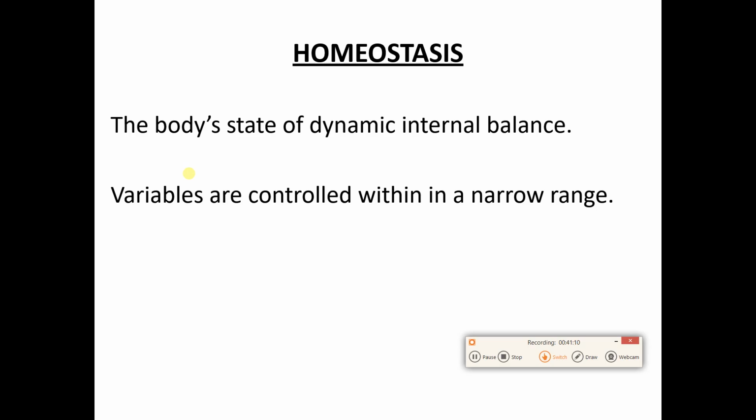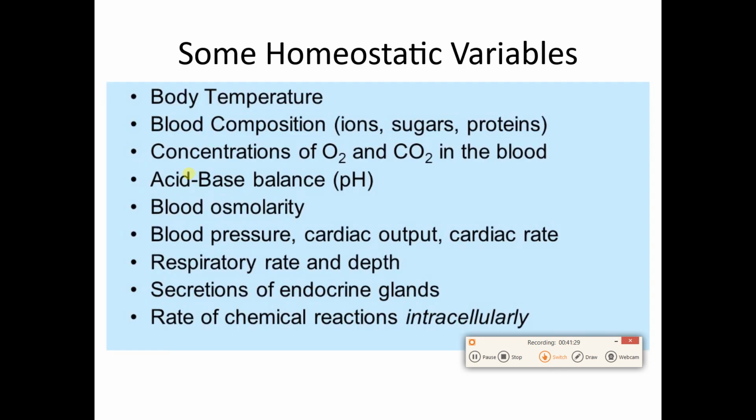And that final topic is this idea of homeostasis. Homeostasis is the body's state of dynamic internal balance. It is where we maintain variables in a controlled range. Now, what do I mean by variables?